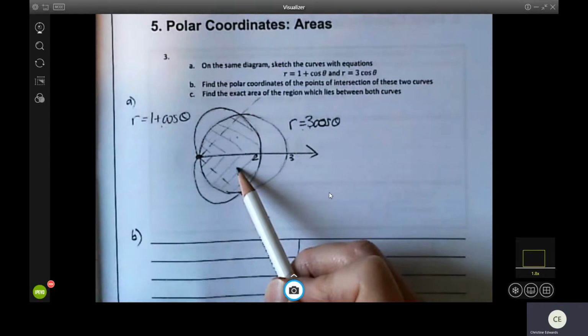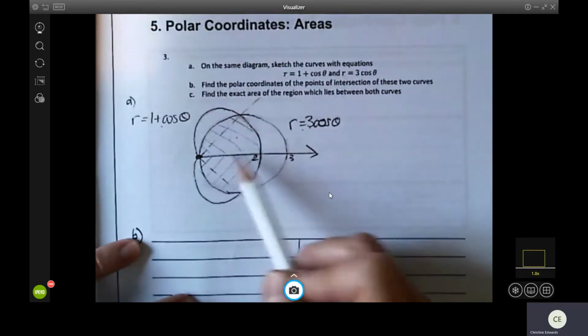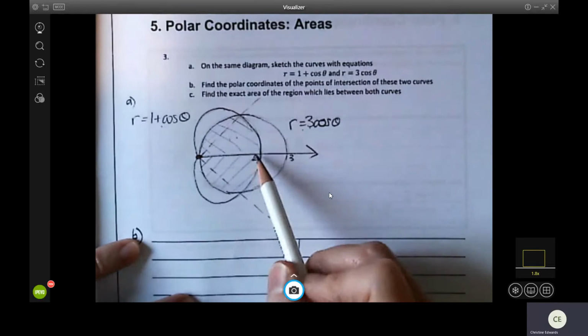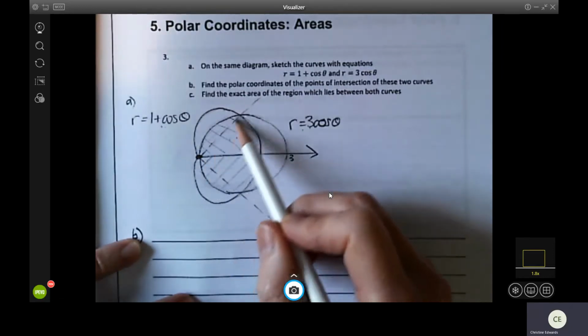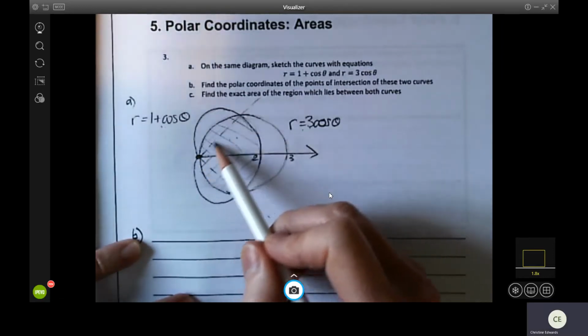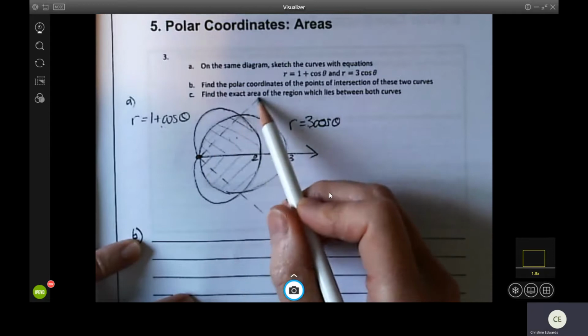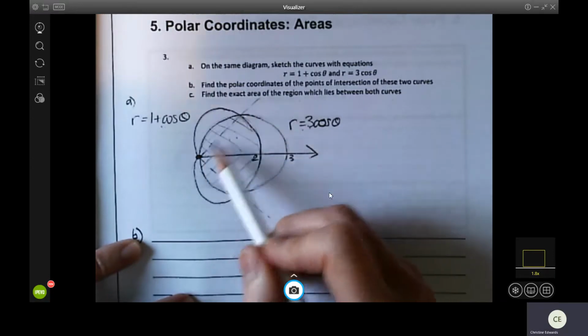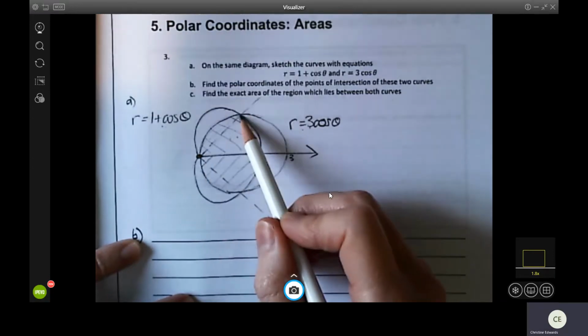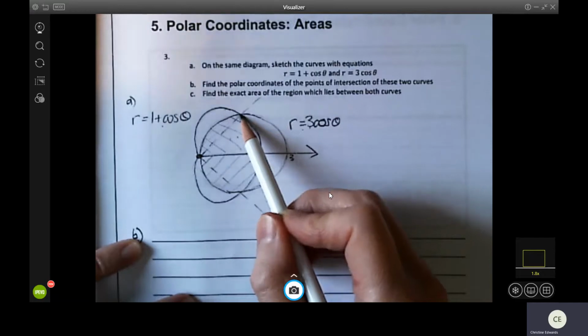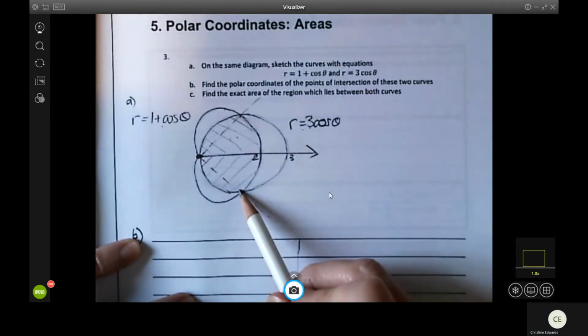So we've got 2 integrations to do, and we've got to think carefully about the limits that we're going to use for those integrations. We need to know the angle where this dotted line is, and that's where part B comes in, because it asks us to find the points of intersection between the 2 curves, which will be this point here and then also this.